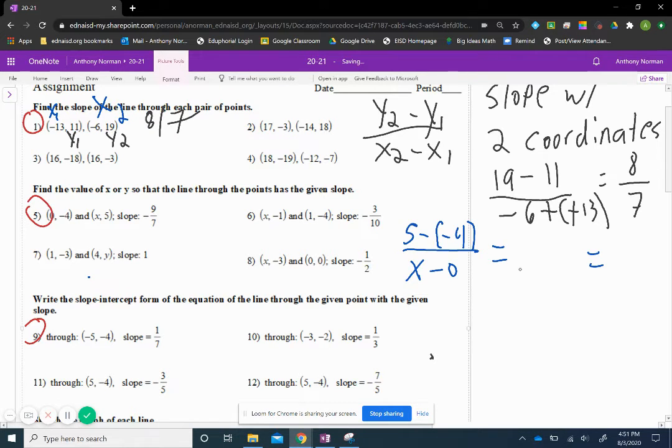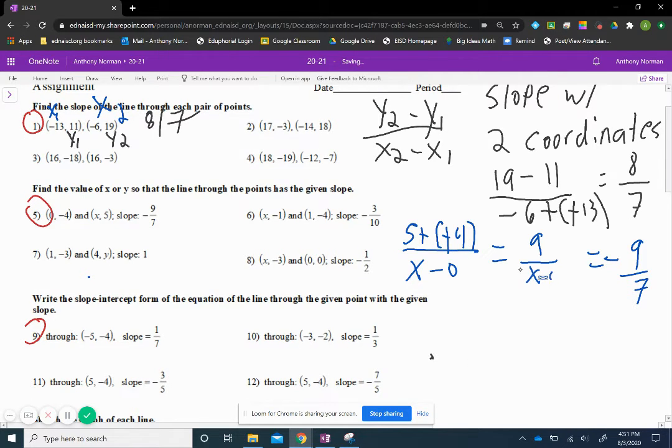And since we already know our slope, we know it equals -9/7. So 5 minus a negative, so we're going to add. 5 plus 4 is 9. So we have x minus 0.